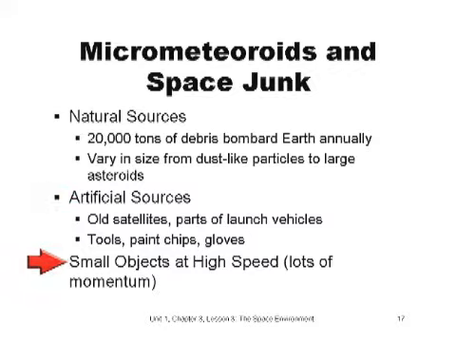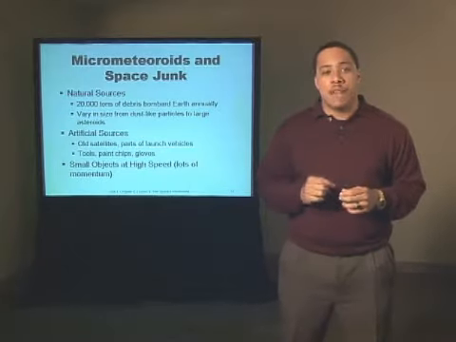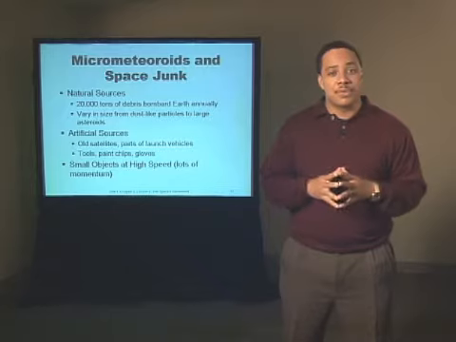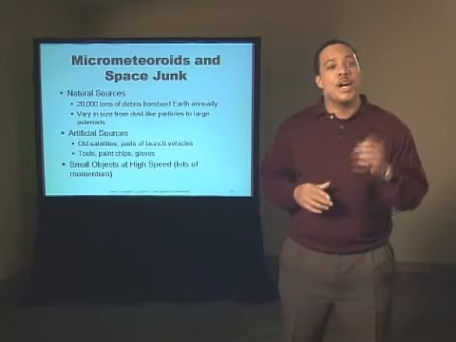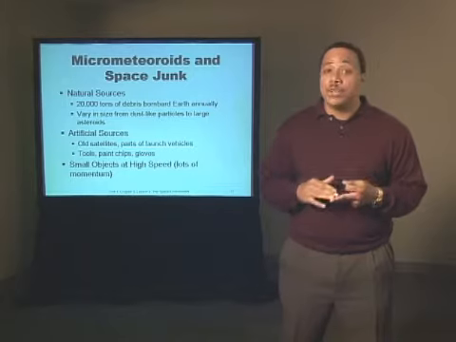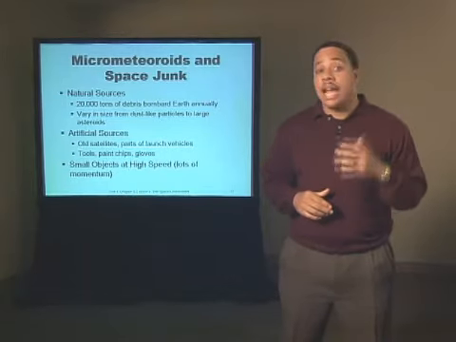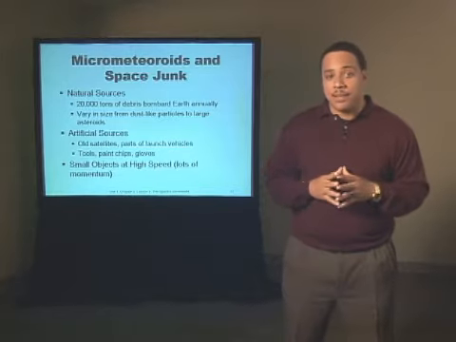In fact, artificial debris, or space junk, may be more risky because it tends to occupy the same orbits as our operational spacecraft. So, who keeps track of spacecraft and debris in orbit? You're right! NORAD tracks more than 9,000 pieces of natural and artificial debris, as well as operational and non-operational spacecraft.